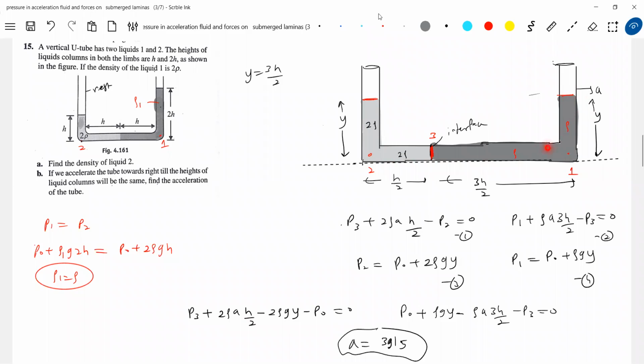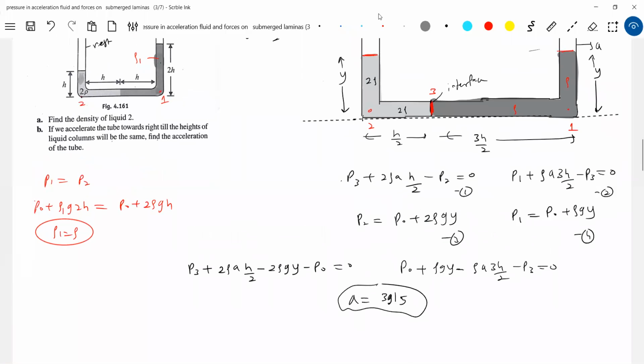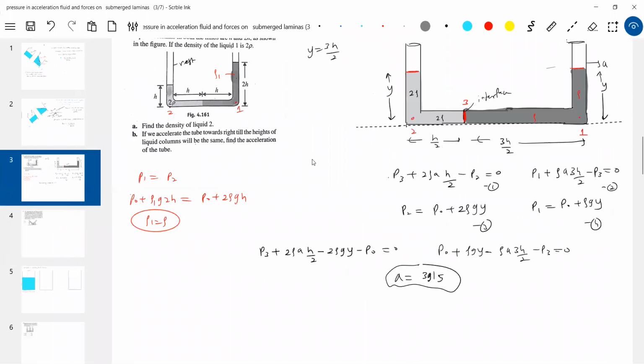P naught you are starting, and again P naught gets eliminated. No 3, no 1, no 2. Still more, see, you should always search for P naught plus rho g y plus rho A 3h by 2 plus 2 rho A h by 2 minus 2 rho g y minus P naught equals 0.